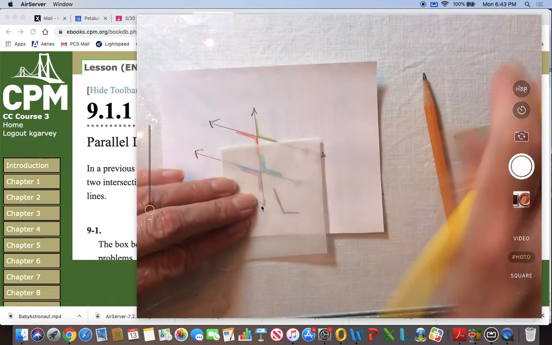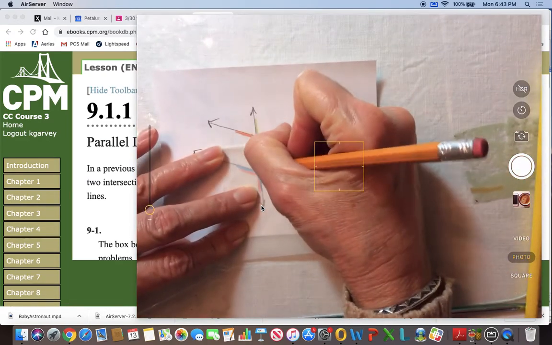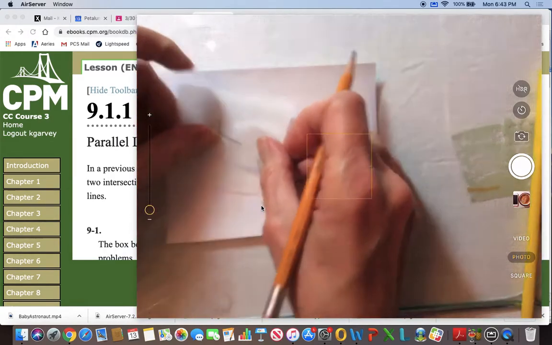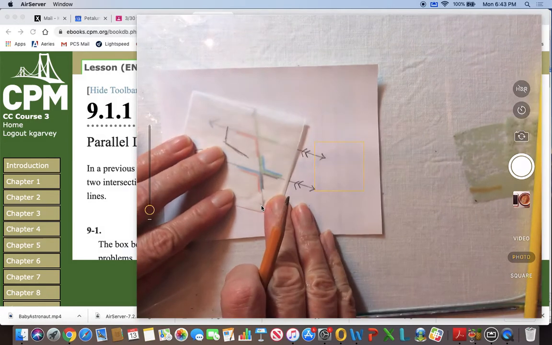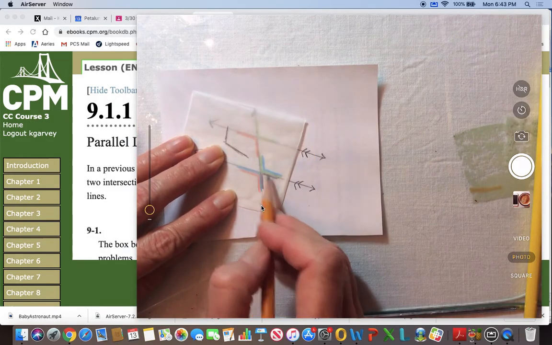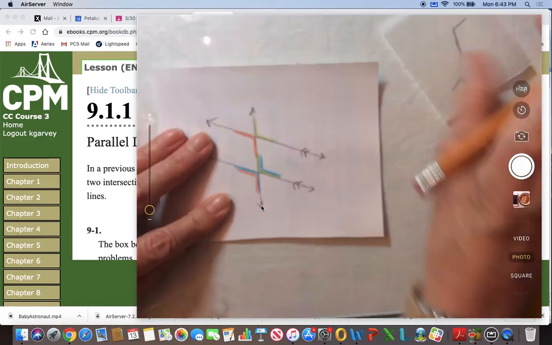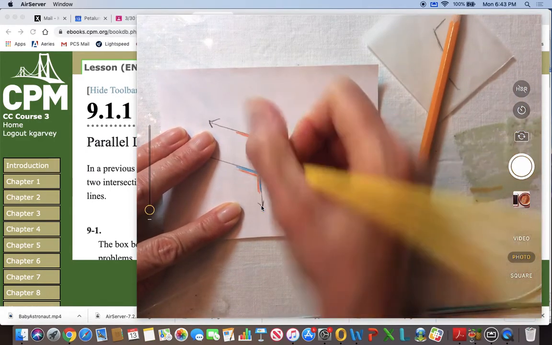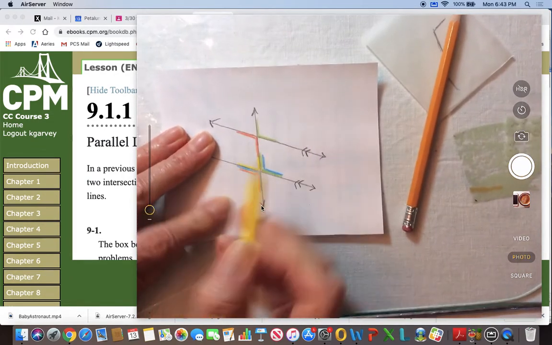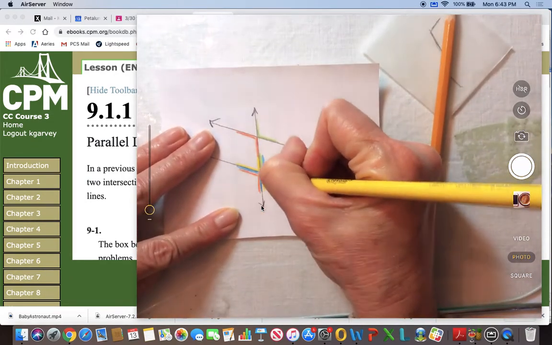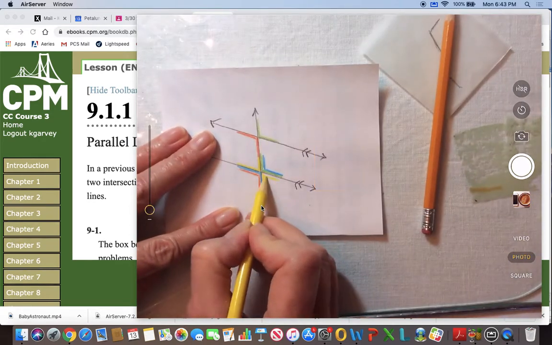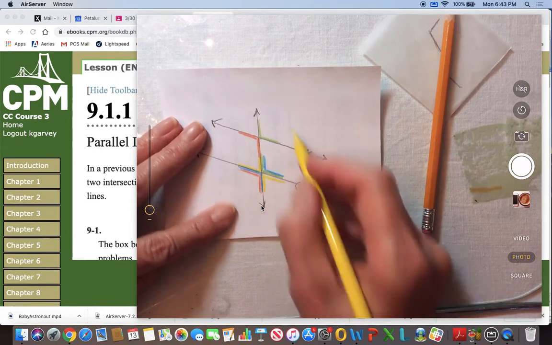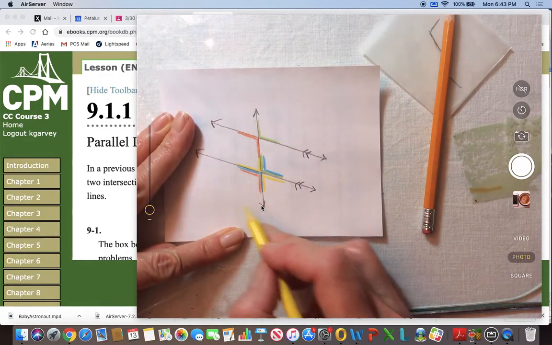So if we trace that one, and then flip that over, we can see that that too is another angle pair relationship where the angles are the same size. So I'll color that one in too. So this is something that will help you just sort of get an understanding of where these angle pairs are and where they are in this whole diagram.